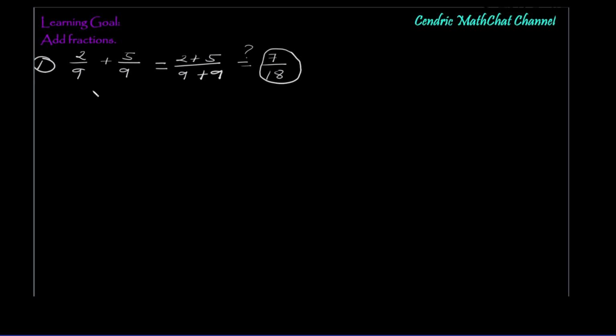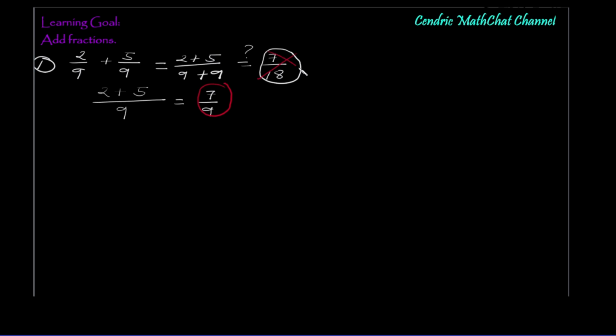So what we simply need to do is to add our numerators and copy our denominator. Therefore, we're gonna end up with 7 ninths.